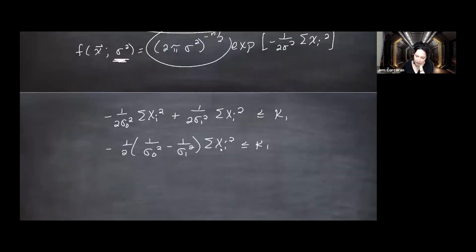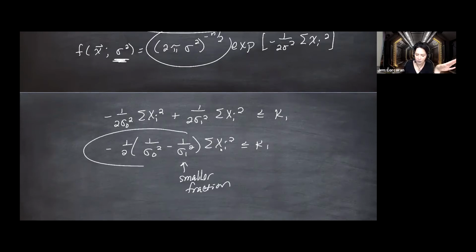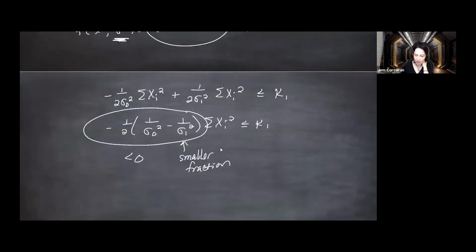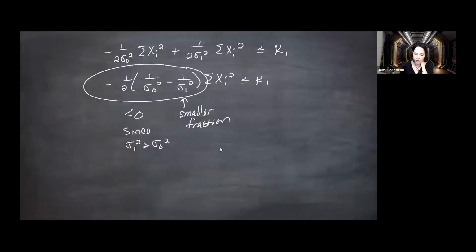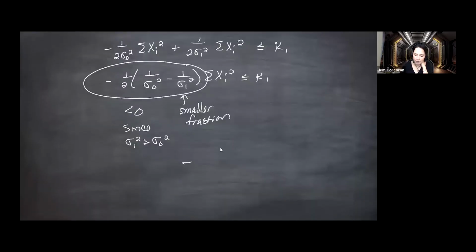So that makes this fraction smaller, not the denominator, but the whole fraction. And it makes the thing inside the parentheses greater than 0. And so this whole thing with the negative out front is less than 0, since sigma 1 squared is larger than sigma naught squared. And so when we divide, we end up with the sum of the xi squareds greater than or equal to some k2.